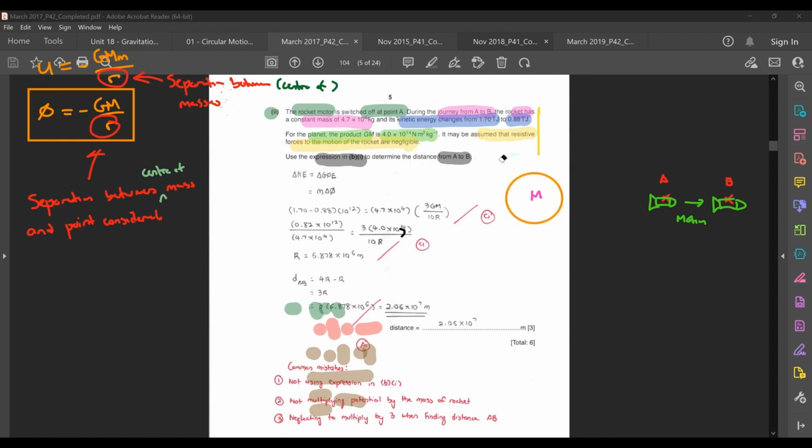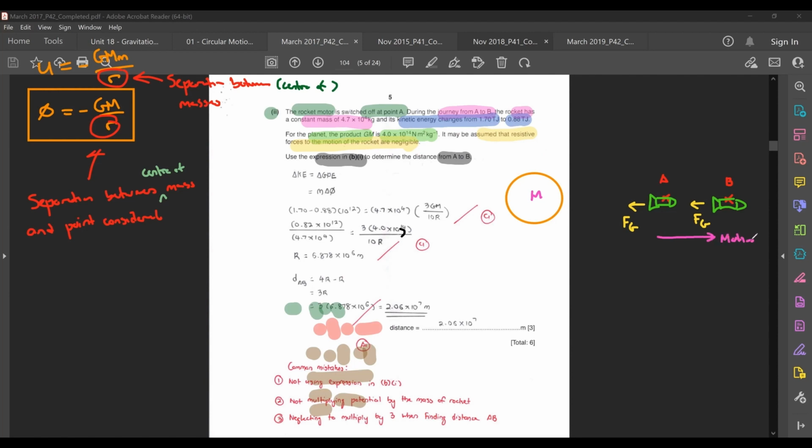So the direction of your gravitational force should be towards the left. Okay, so this one is your FG pointing towards the left. Okay, whereas your direction of motion is towards the right.